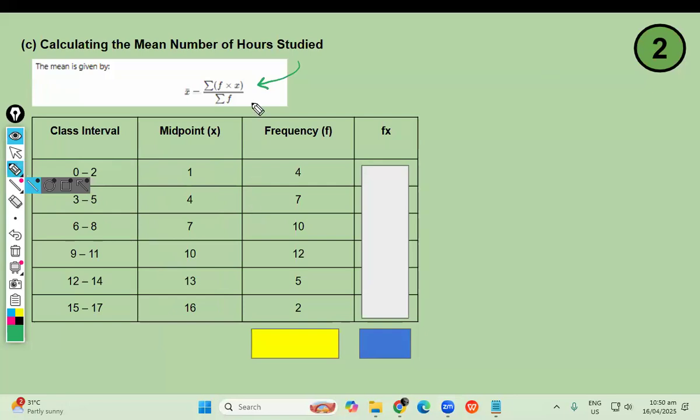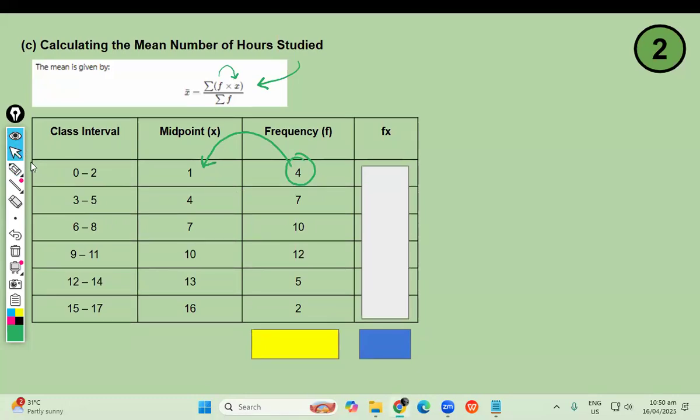The next thing you have to do, the formula says, take f and multiply it by x. So you're taking the frequency value and multiplying it by the midpoint value. The midpoint value is the x value. So you're going to say 4 by 1 is 4, 7 by 4 is 28, 10 by 7 is 70, and so forth.